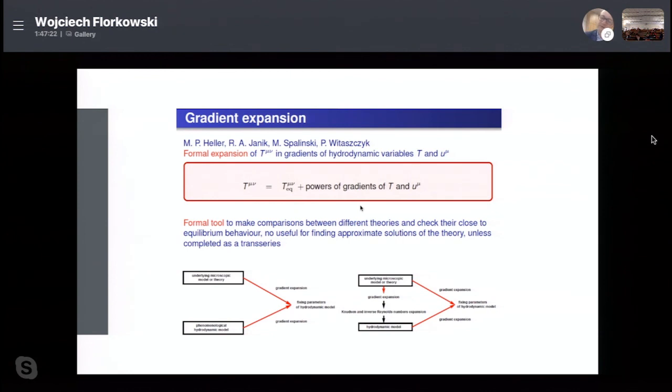So you have an asymptotic series, which is not convergent, but there is some information in the divergent series about non-hydrodynamic modes. And actually it's not useful in the sense that it's not useful to add more terms.